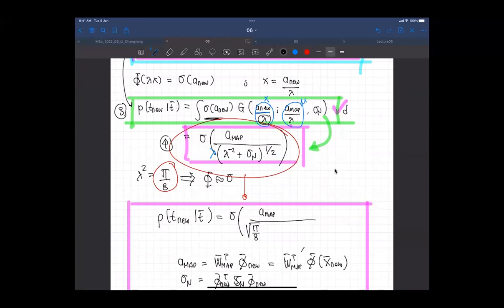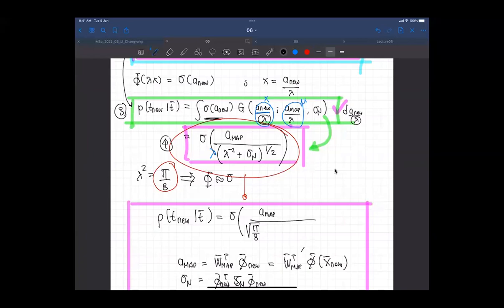So this one is the A MAP, right? Over lambda, yeah. And then, what's the problem here? So lambda is a, wait.